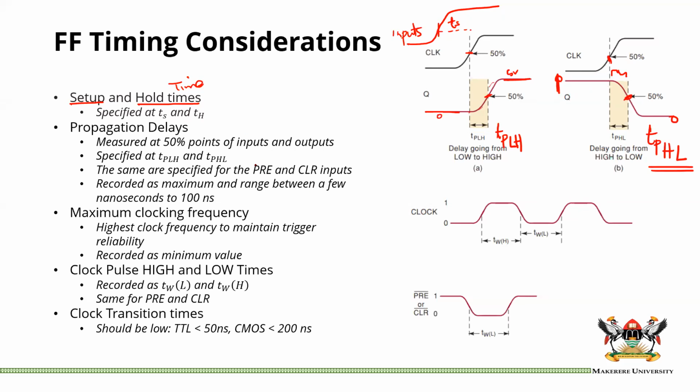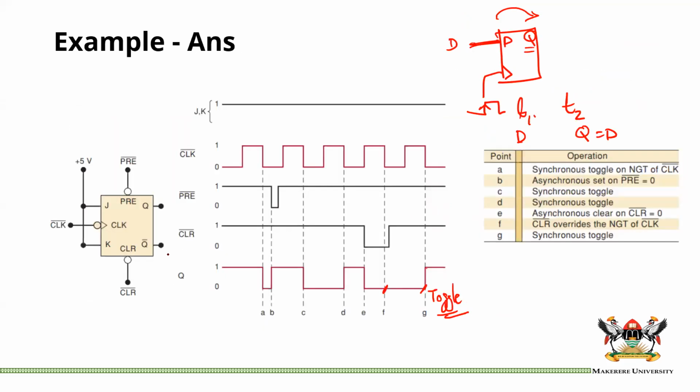The same, what we call the propagation delays, are also specified for pre and clear, because the moment we clear, like preset here, you give your preset command at this point. Let's say your command of preset is that pre, and that's the 50% point.